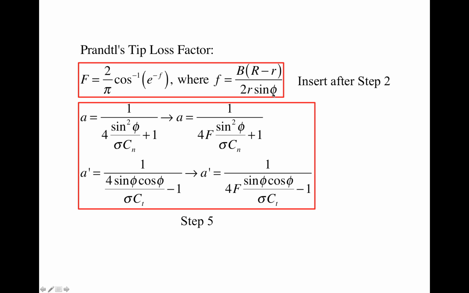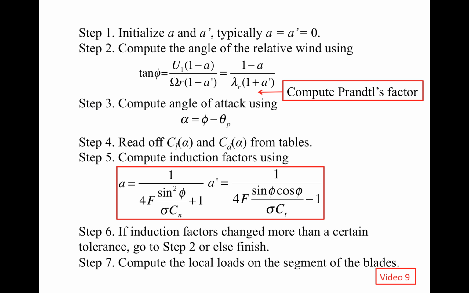And phi can be computed, basically. In our last video, we gave an iterative algorithm for computing the two induction vectors. At step 2, we computed the angle of the relative wind, phi. That's the tangent of phi, right? Once we know the tangent, we know phi.